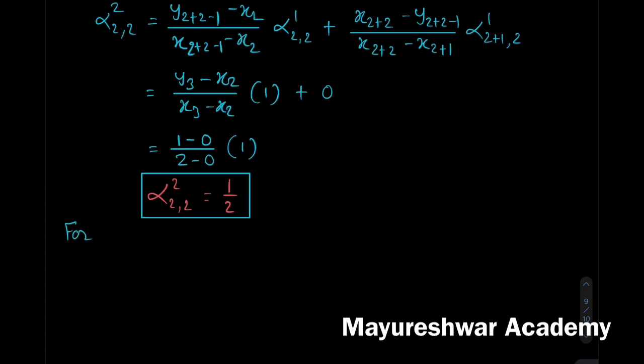Okay, now increment i again. So i is 3, remember j is 2 and k also is 2.